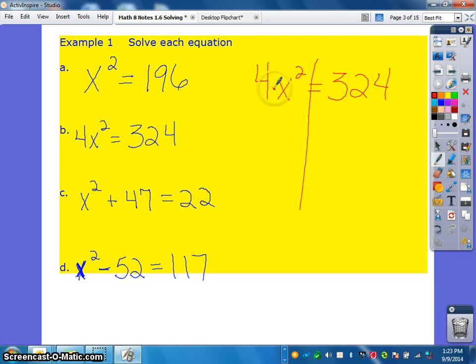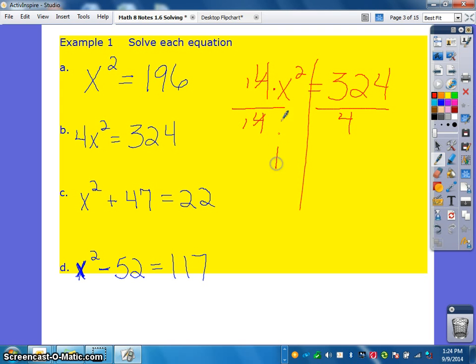4 times. What's the inverse, the opposite of times? Divide. So I have to divide both sides by 4. Now what is a positive 4 divided by a positive 4? I get 1, right?